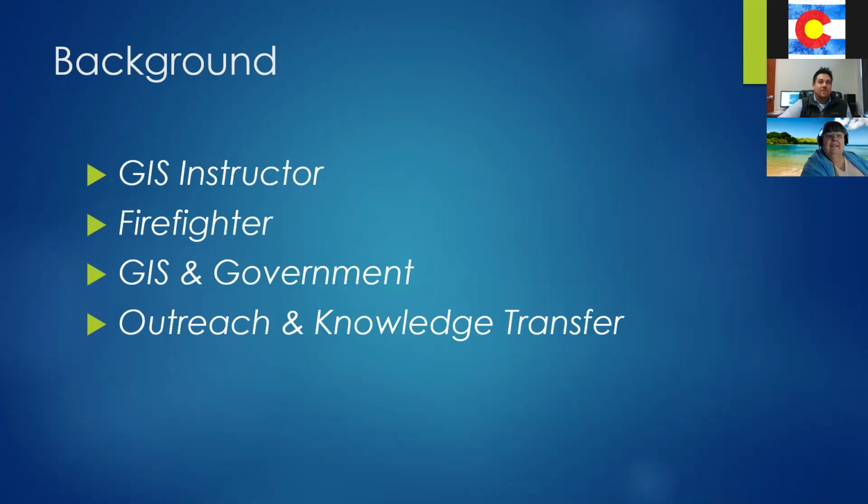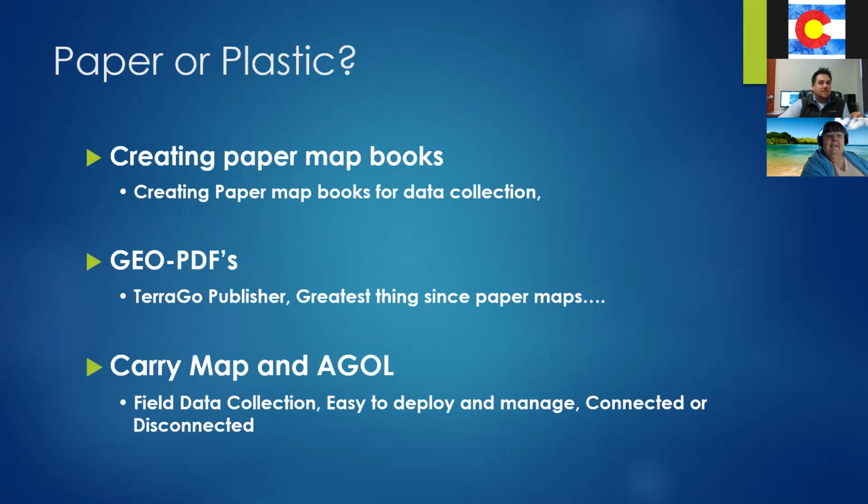And it really gave me a good basis on, do I really like to drink the Kool-Aid from Esri, or what else is out there for me to be able to give people the stuff they need in the field and be able to communicate with different organizations, different communities, different departments. And so what I've realized is, through outreach, doing knowledge transfer and outreach is kind of where I came from. So paper or plastic is kind of like my joke.